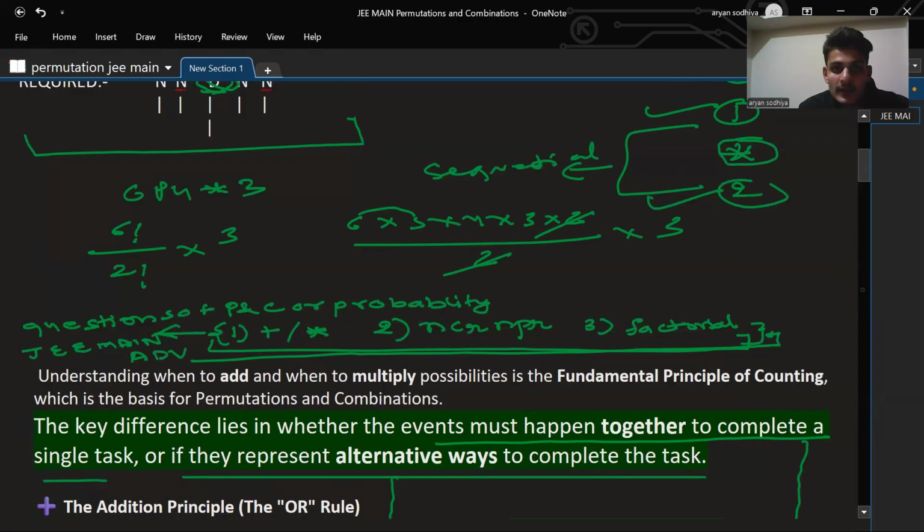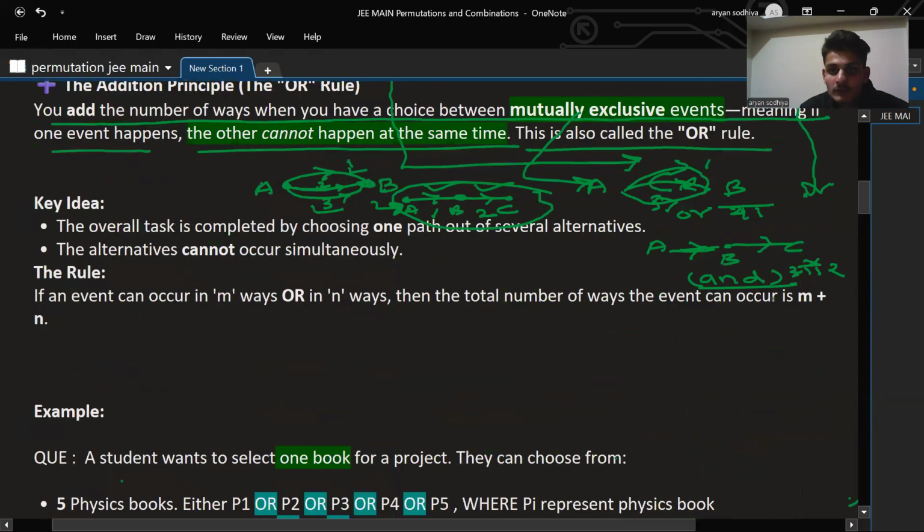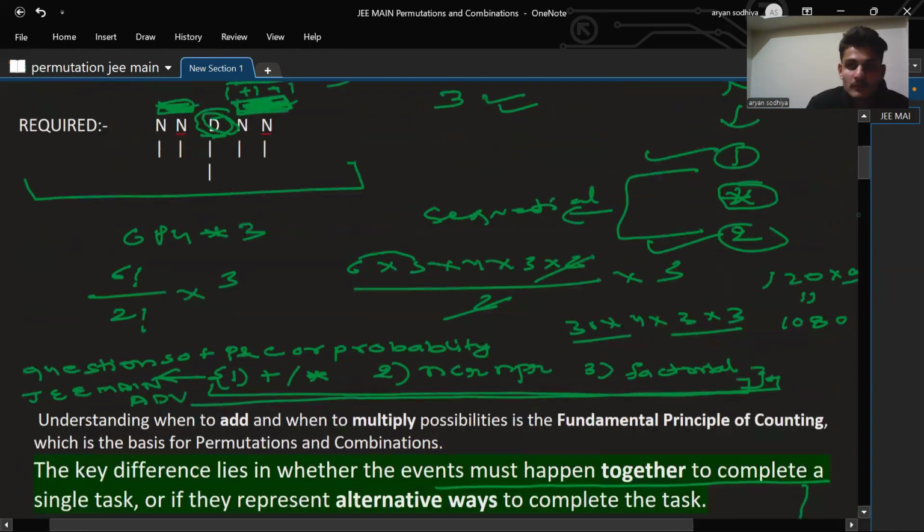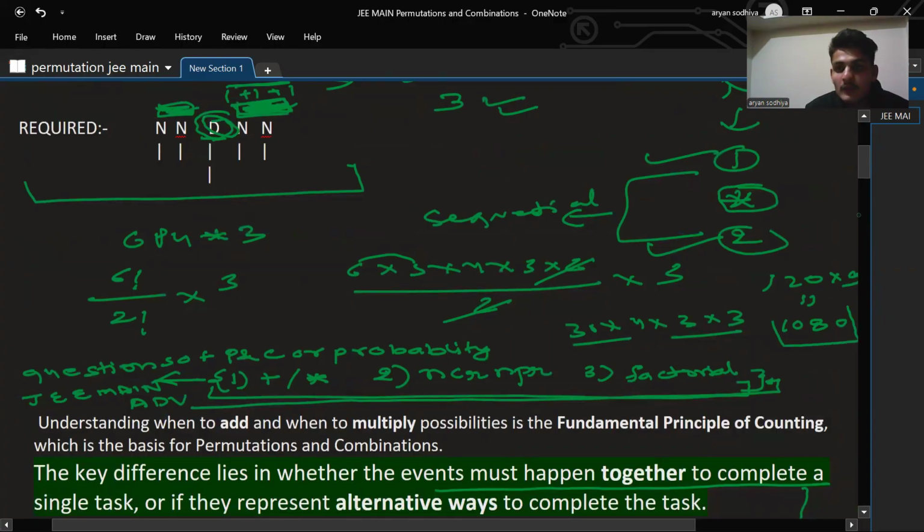This is 30. 30 into 4 into 3 into 3. 120 into 9. That is 1080. The answer is 1080, and in 1080 ways you can complete this task.